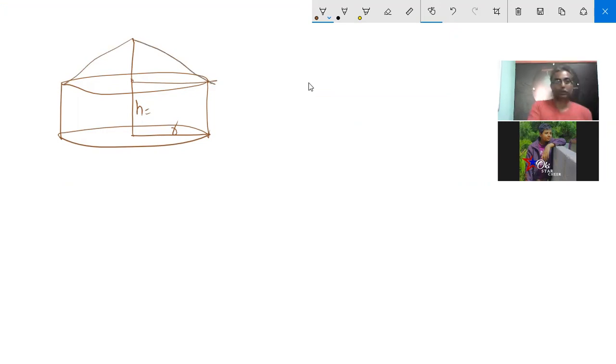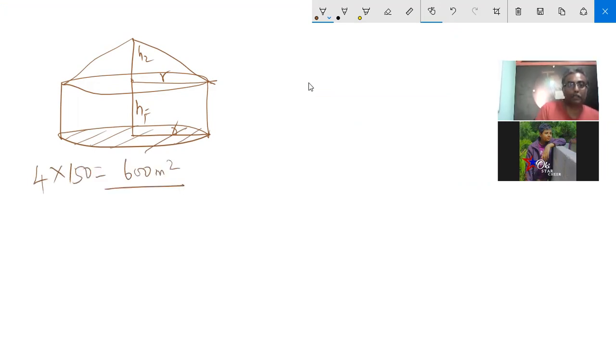Okay. Cone, this is H1, this is H2. Okay. This is R. Both R are same. Now he is telling 4 square meters of space, each one is occupying on the ground. Okay. How many persons? 150 persons. That means 600 meters squared is the area of the ground.